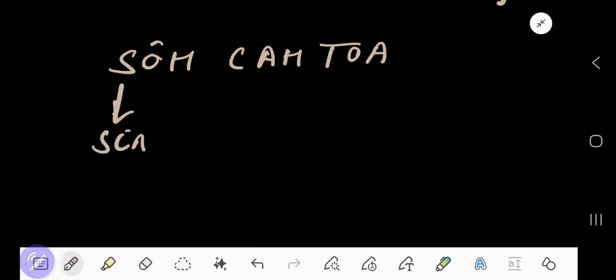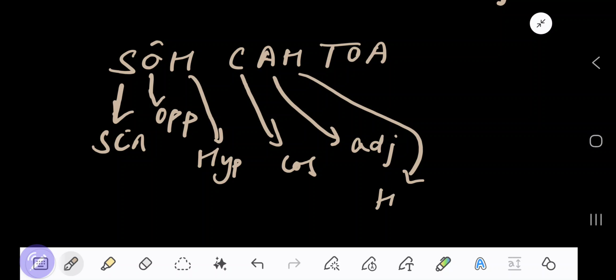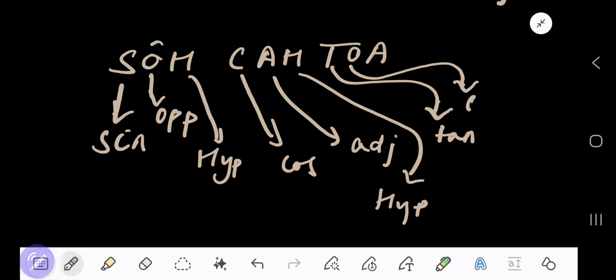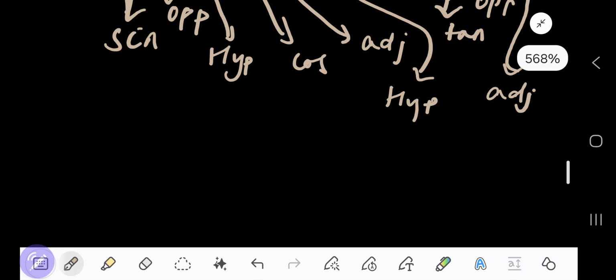Sine is opposite, so O for opposite by hypotenuse. Cosine or cos is adjacent by hypotenuse, and tangent or tan is opposite by adjacent. So you have to remember this, very important.